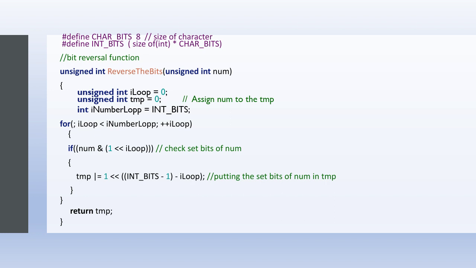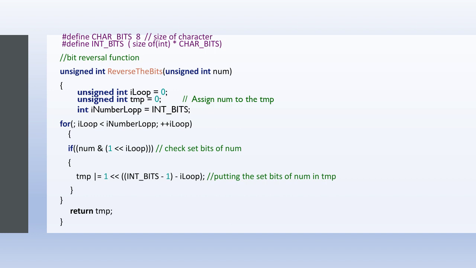I initialize a variable iLoop of unsigned int, and temp of unsigned int, and then iNumLoop equal to INT_BITS. So for iLoop less than iNumLoop, iLoop plus plus, if num AND (1 << iLoop), we check the set bits of the number.